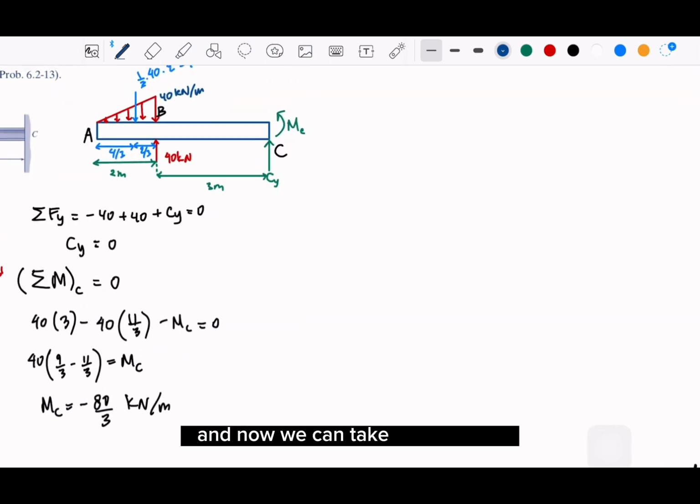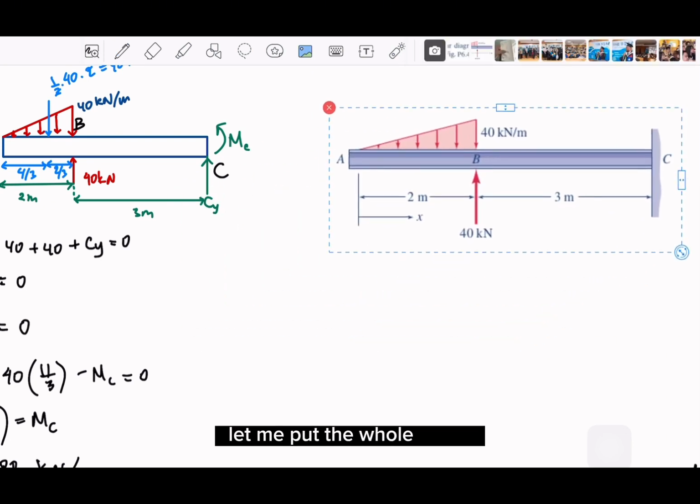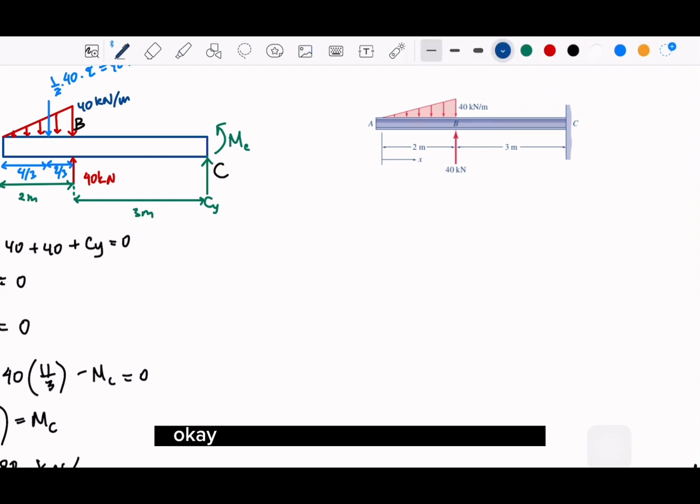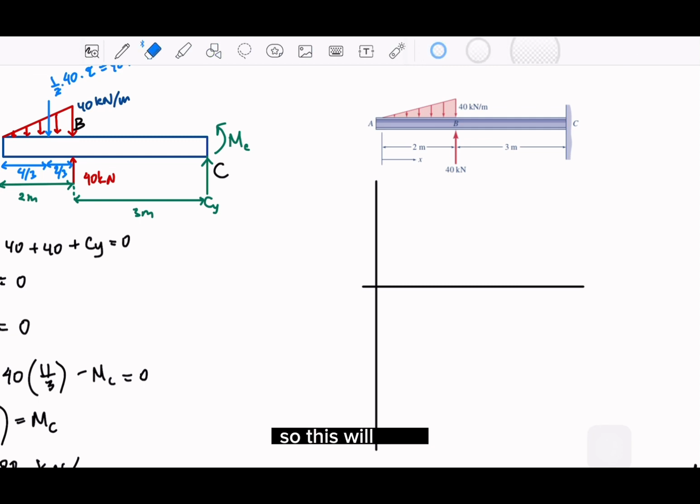Okay, now we can take the diagram. Let me put the whole graph. And then let's simply take the axis. The first one here is our V, and this will be X in meters.